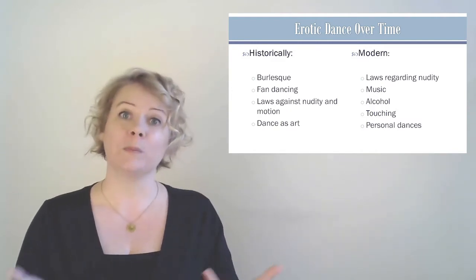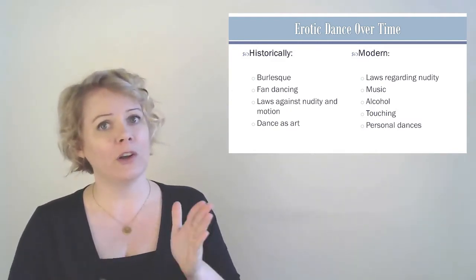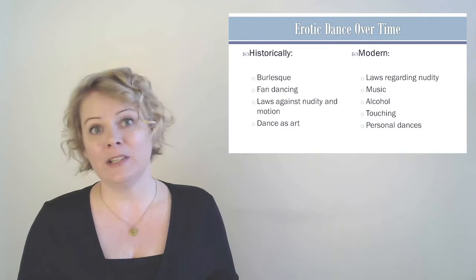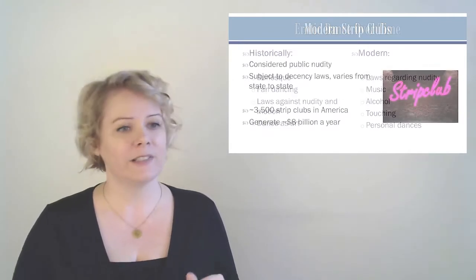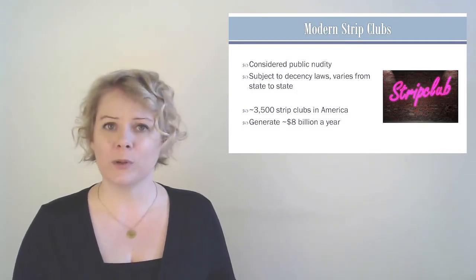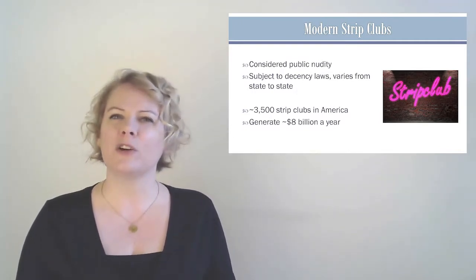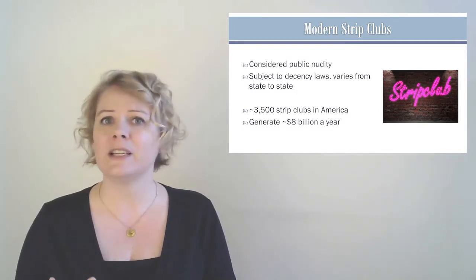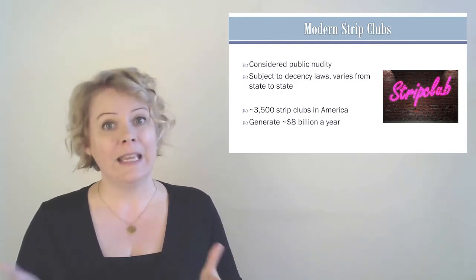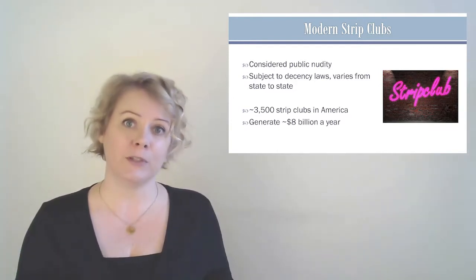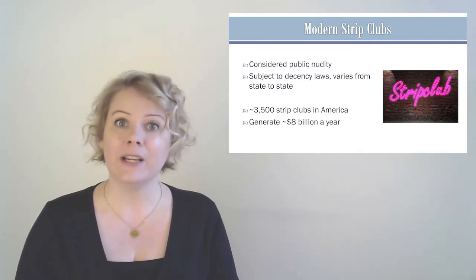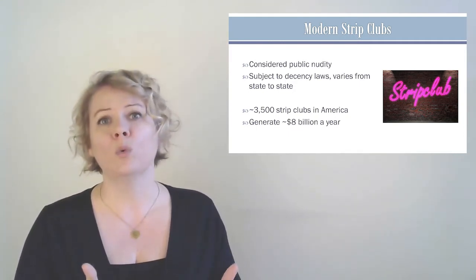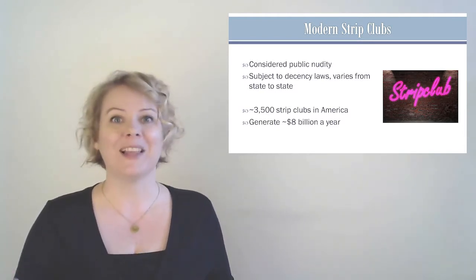So where the strip clubs are has a lot to do with the laws that are in place in the state or town or municipality that you're talking about. So for instance, in modern strip clubs, there tends to be a lot of laws about touching, about distance, because in part, any act of stripping is considered public nudity. So very often you might notice that strip clubs can't be within a certain amount of feet of like a school or a church or a public library.